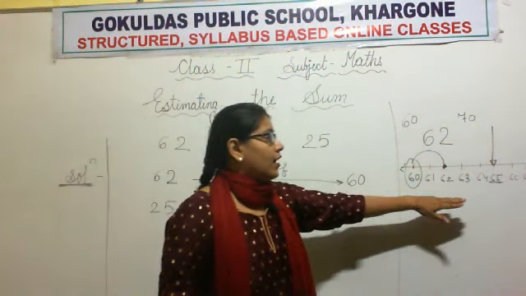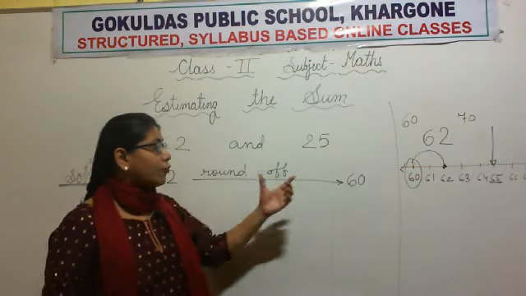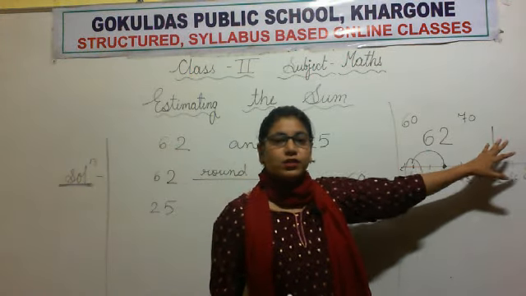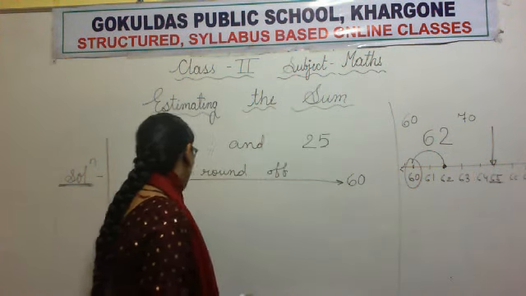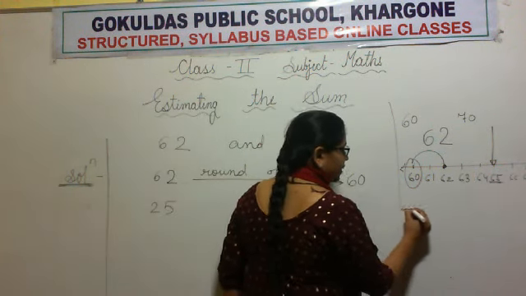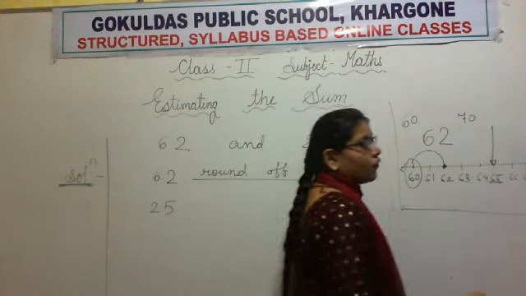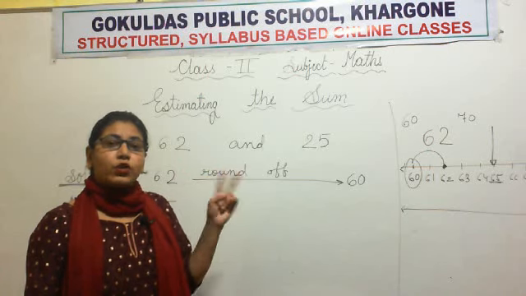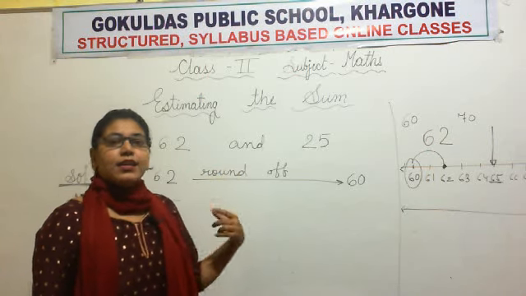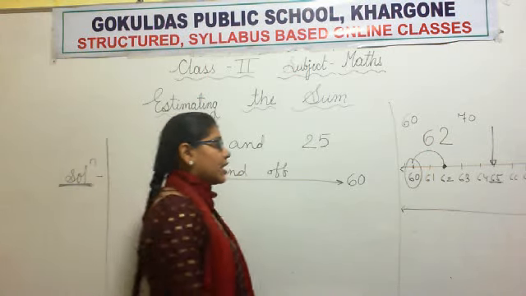Here we just have to write the answer, not this whole solution of how we are getting it. So this is our rough work. Now 25 again. First of all we will think about which two tens 25 lies between. Yes, 20 and 30.